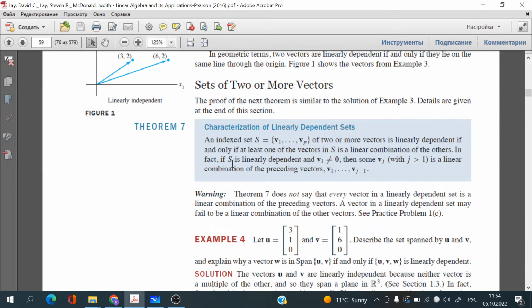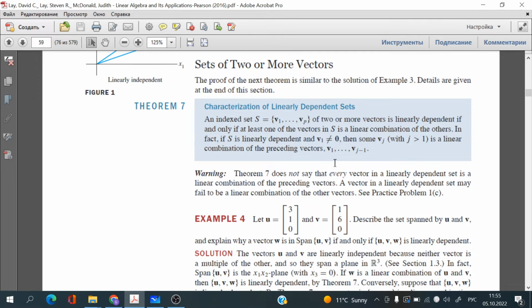In fact, if S is linearly dependent and v1 is not equal to 0, then some vj, with index j greater than 1, is a linear combination of the preceding vectors. This is easy to understand and easy to remember.